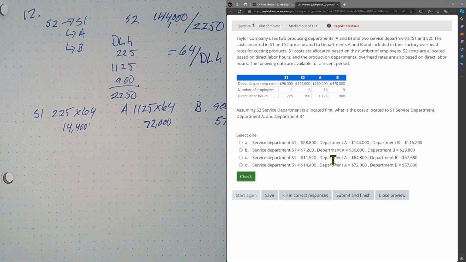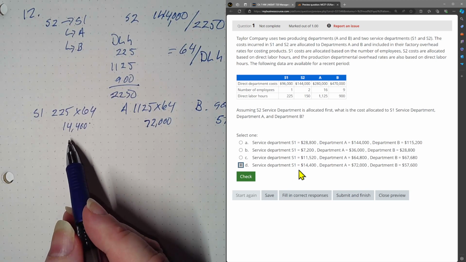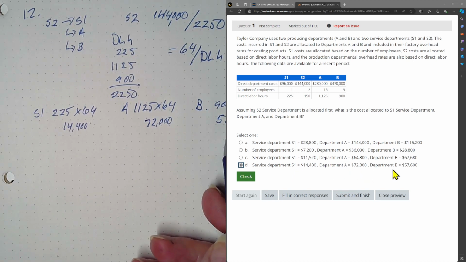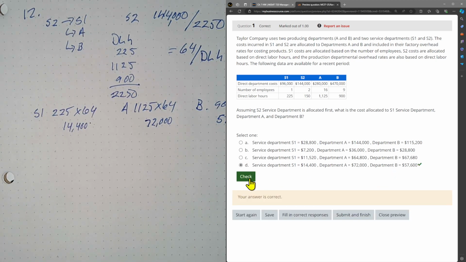Well, let's hope there's one that has, yep, this one. So the amount allocated to service department 1 is 14,400, to department A 72,000, and department B 57,600. Well, I guess we should check. Looks good. Okay, we got one more step problem to do.